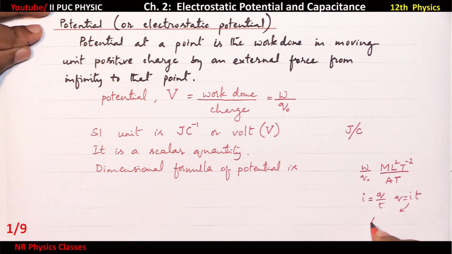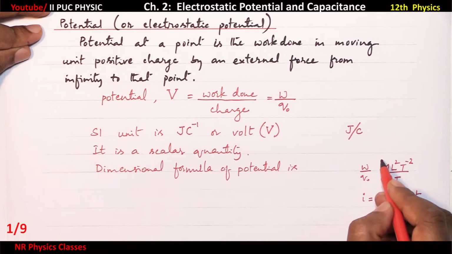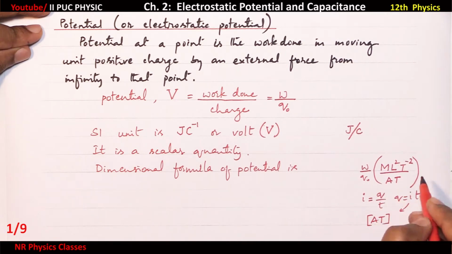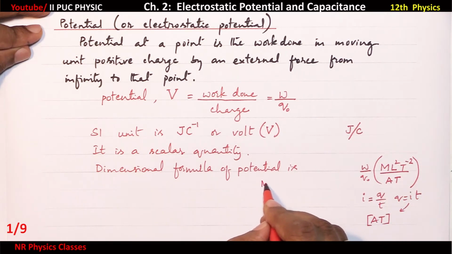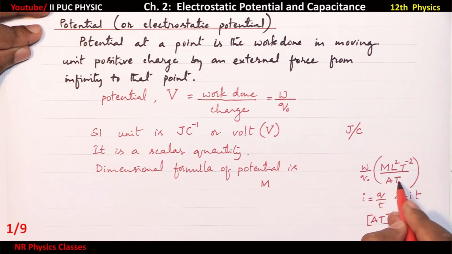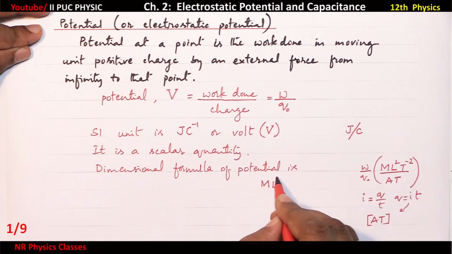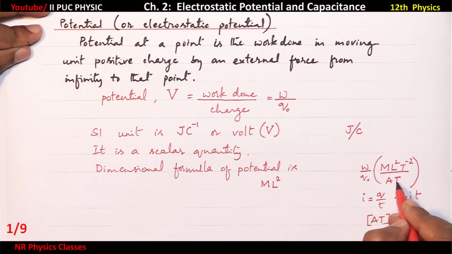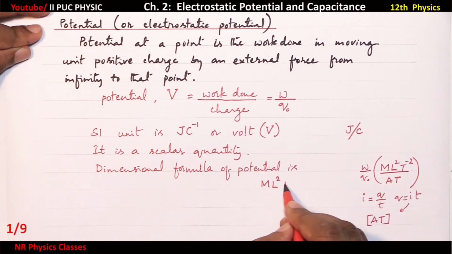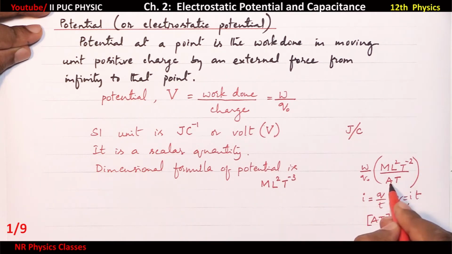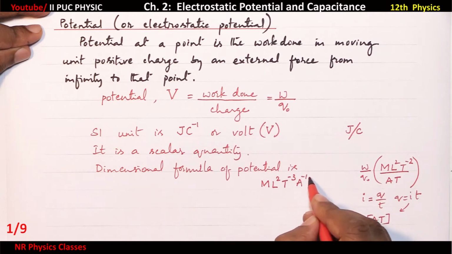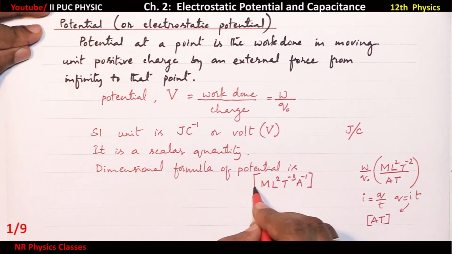Current is ampere, time is T. So whenever you come across coulomb, please write AT. And if you simplify this, M L2 T^-2, if this T goes to the numerator, it becomes T^-3, A^-1. This is the dimensional formula.